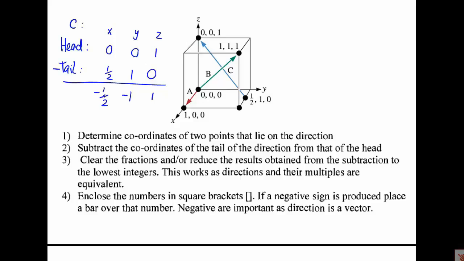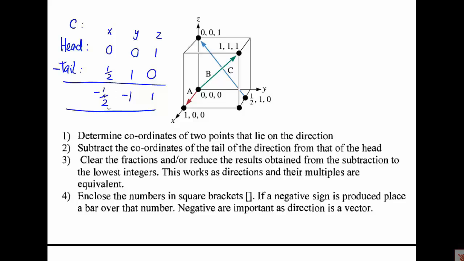So we can see that this is basically telling us that as we go from the tail of the arrow to the head of the arrow, we will go back half in the x-axis, we will go backwards on the y-axis, and go in a positive direction in the z-axis. Step 3 now is to clear fractions.